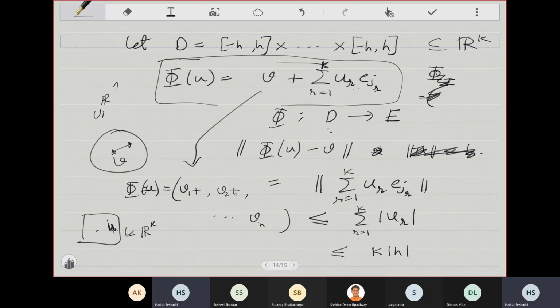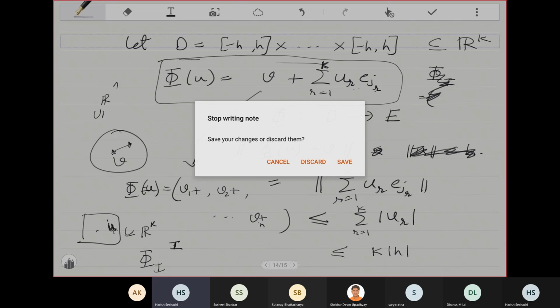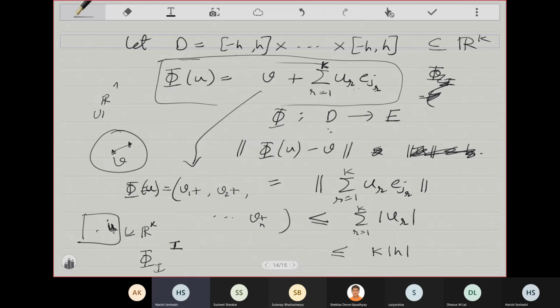Now, if I take an index set I and look at the components corresponding to this index set, if I is not equal to J, then what will happen?